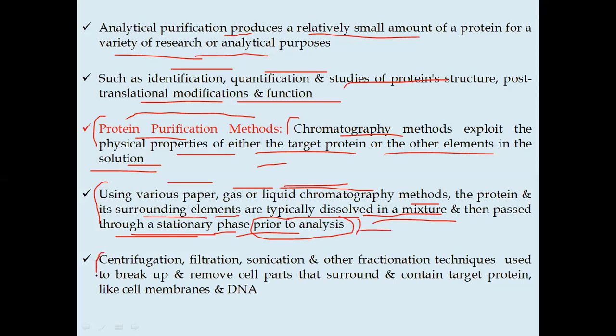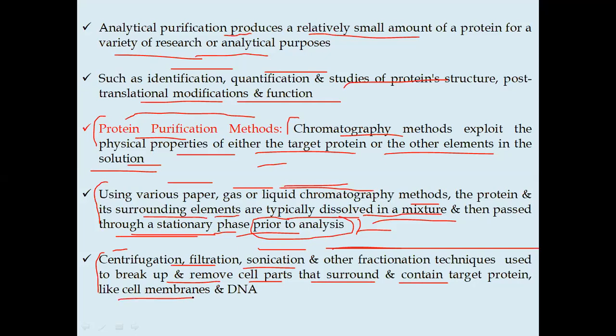The next step after the chromatographic techniques is centrifugation, filtration, sonication, and other fractionation techniques used to break up and remove cells, parts that surround and contain target protein like cell membranes and DNA.